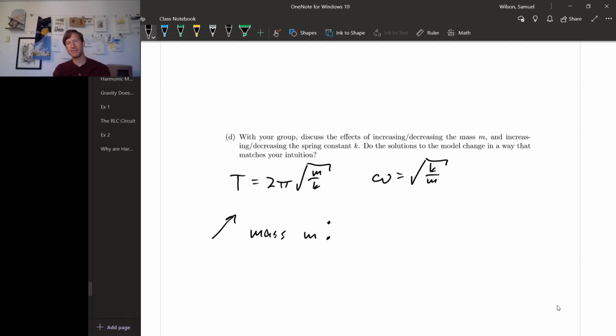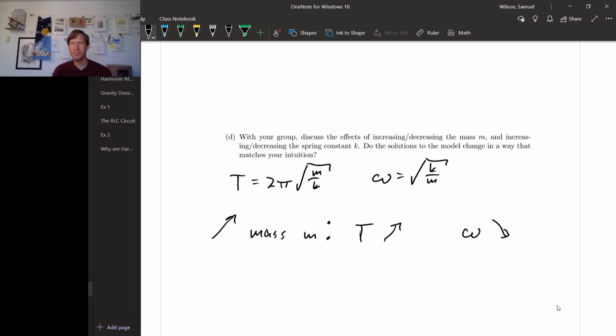Intuitively, if you increase the mass without changing the spring, more mass means it's harder for the spring to push the mass around, and that means that everything should happen slower. So just based on intuition, if we increase the mass, the period should increase, and the angular speed should decrease.